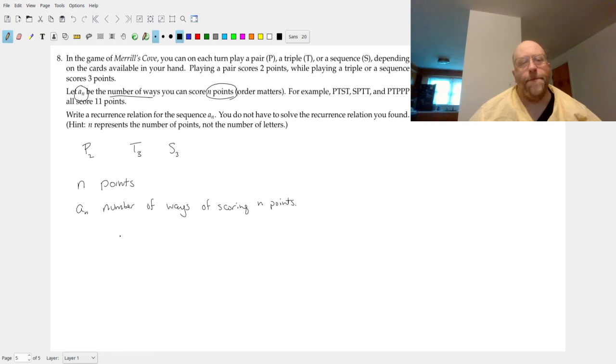Okay. So let's say we want to score n points. This can happen in A sub n different ways. Some of those ways will start with a P, start with a pair.